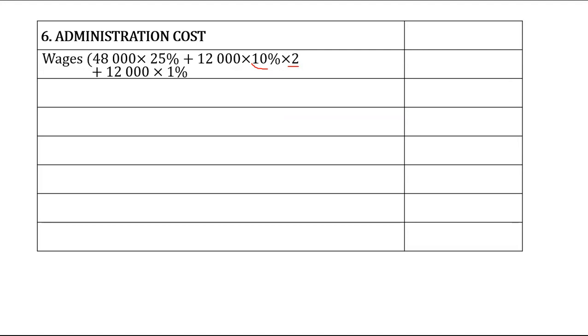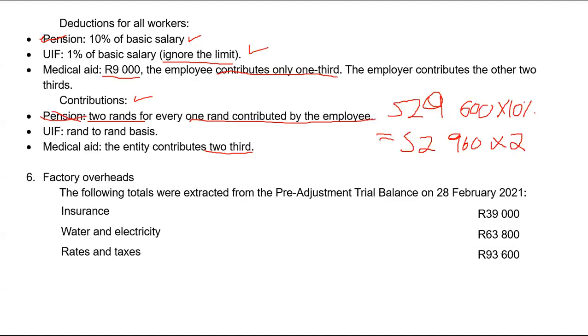The next one now is medical aid. Medical aid, they said we contribute 2/3, and we can tell that already 9,000 was deducted. Okay, 9,000 was deducted from the employee's salary. Now, what are we going to do here?